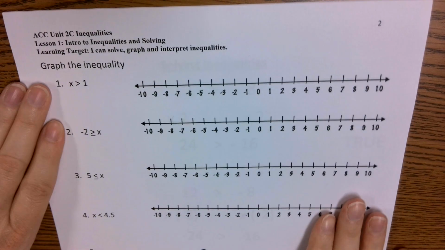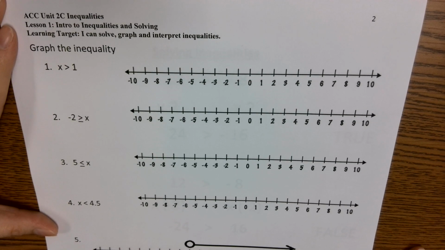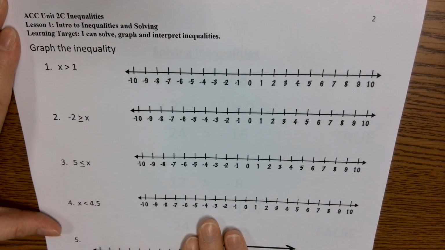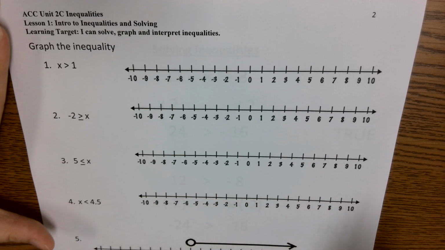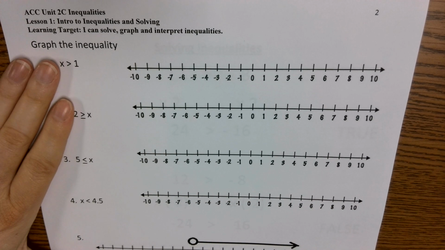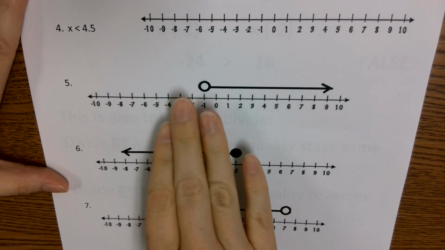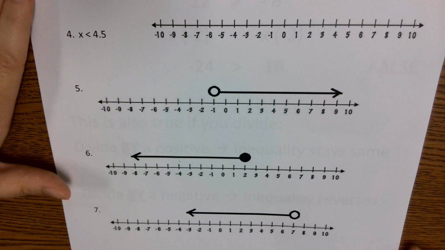Thank you. All right. So taking a look here, I want you guys to go ahead and practice graphing these inequalities. If you need to rewrite, then rewrite by flipping first before you graph them. And then for problems 5 through 7, you're going to identify the inequality.